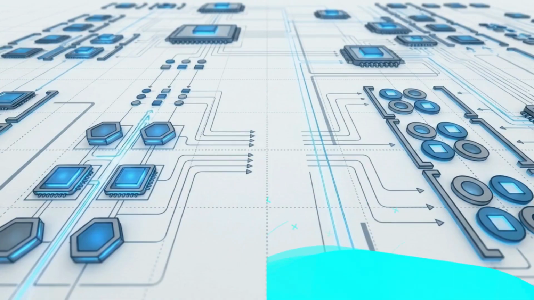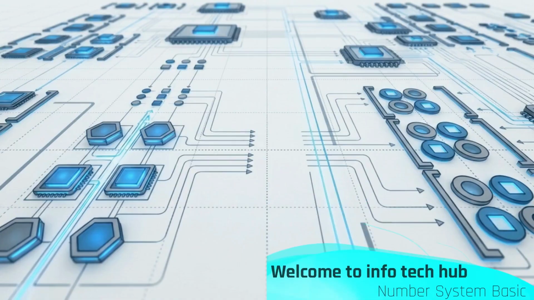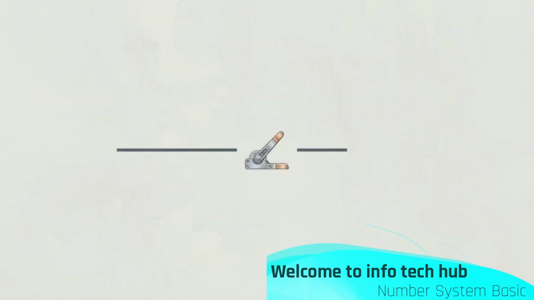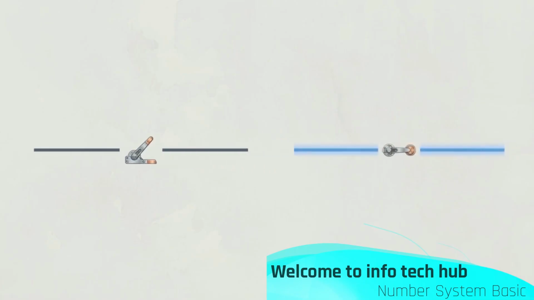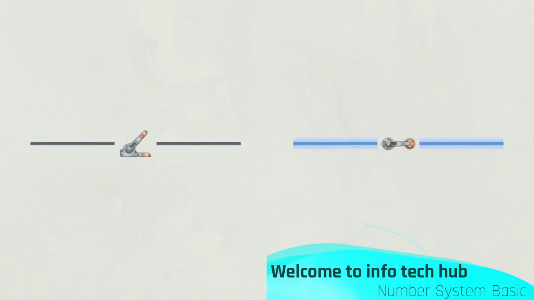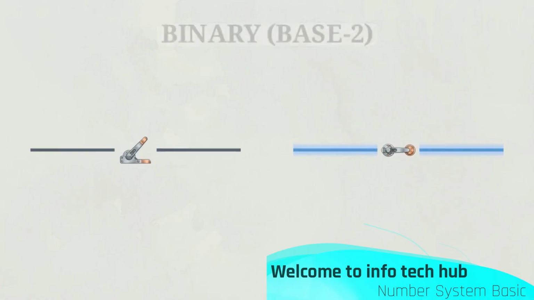Deep inside your computer, phone, or tablet, there is a sprawling, microscopic landscape of tiny electronic switches. Every single one of them is doing exactly one thing, flicking between an on state and an off state. Those two physical states are the absolute bedrock of digital logic.